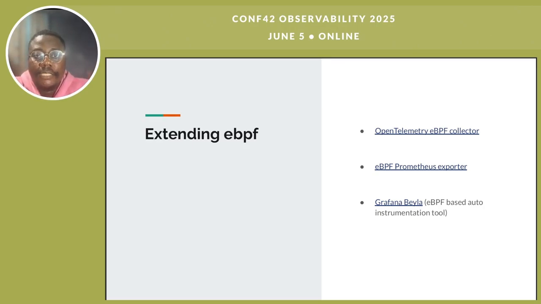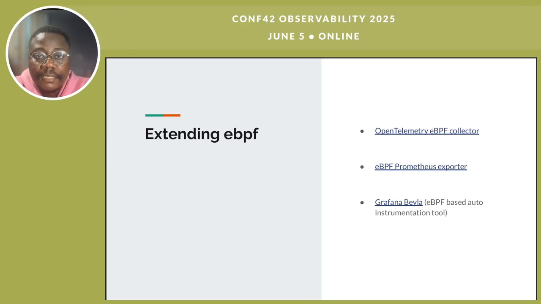Yeah, so extending eBPF. Like I said earlier, you have either those custom metrics or you have the BPF map with your data, and you can export this. You can utilize it with a user space application however you need.